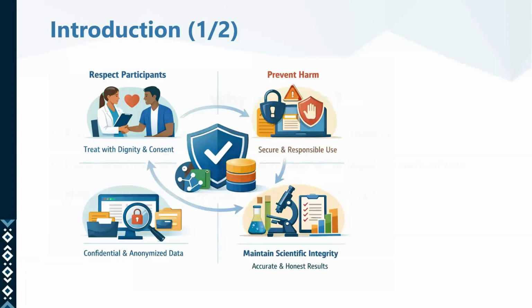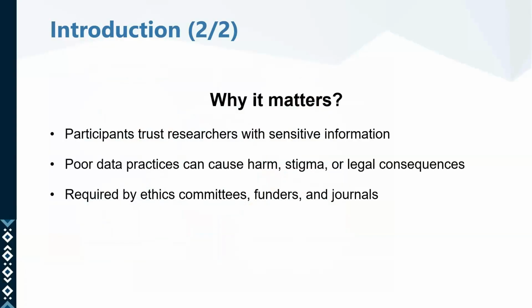Why is it important? It's important because participants trust researchers by giving them sensitive information, and poor data practices can cause harm, stigma, or legal consequences later on. And it's also important because it's a requirement by ethics committees, funders, and journals for publication.